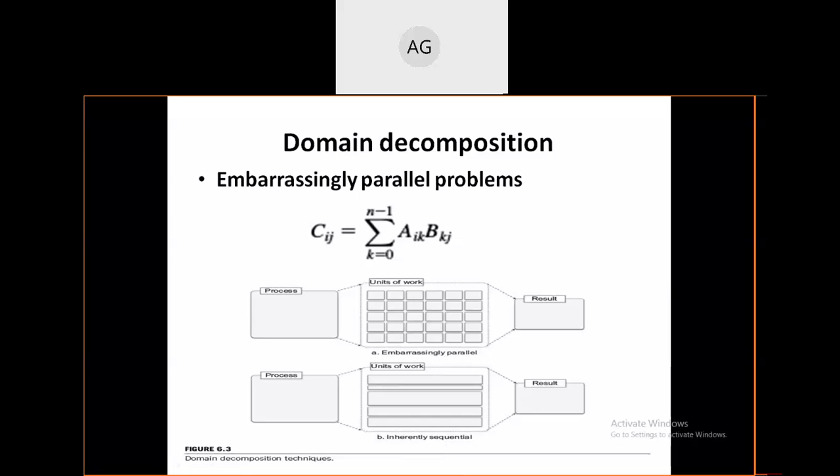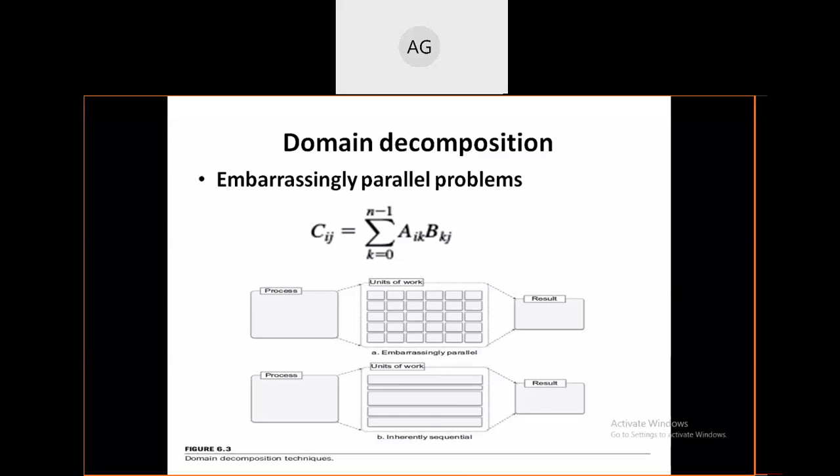Following that equation, a of ik is the embarrassingly parallel problem. Take the total number of processes and units of work; each unit of work depends upon the previous unit of work. Later all the units of work are combined and stored in the result. This is the a of ik.